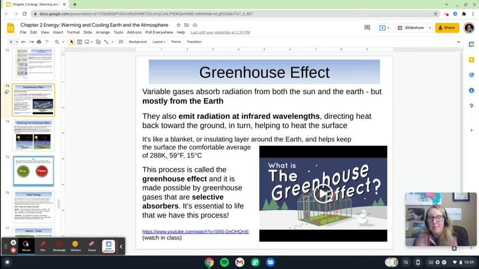So the atmosphere is like a blanket. It's insulating the Earth's surface, and it is the reason why our temperature is not 0 degrees Fahrenheit, which it should be if we didn't have an atmosphere, but 59 degrees Fahrenheit, where we can all thrive. Okay? It's called the greenhouse effect, and it's made possible by those selective absorbers.